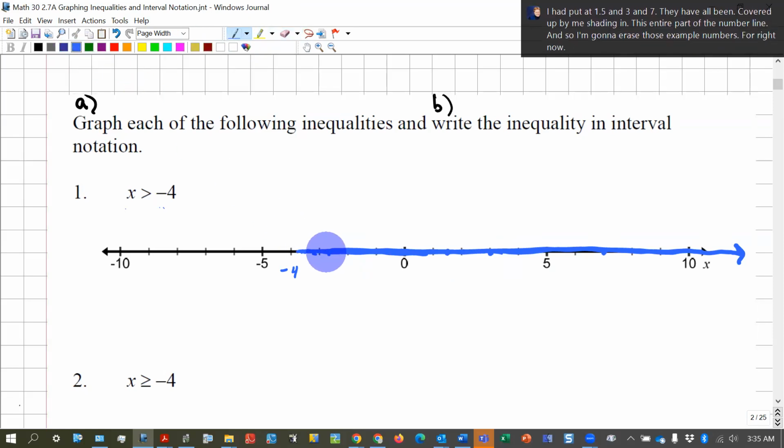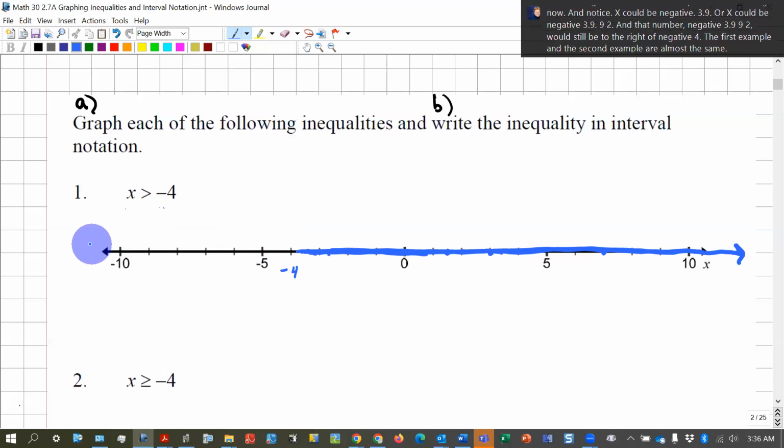And notice x could be 3.9, or x could be negative 3.992. And that number, negative 3.992, would still be to the right of negative 4. The first example and the second example are almost the same.